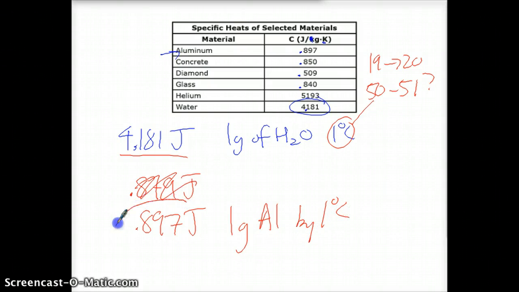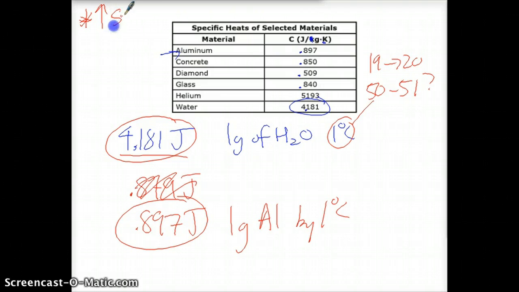So as we can see, it takes way less energy to heat up aluminum by 1 degree than it does water. That's why the aluminum heats up faster. So the big idea here: compounds with high specific heats, it's hard to change their temperature.